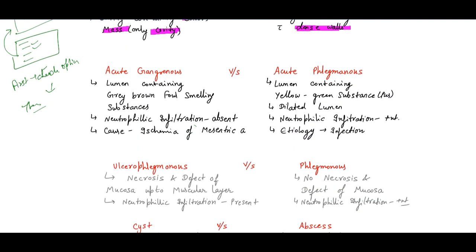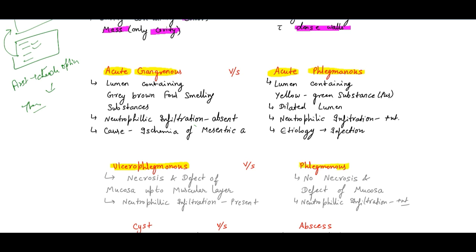Then there is acute gangrenous versus acute phlegmonous. If you are confused between acute gangrenous and acute phlegmonous, both can be in the options. Also, ulcerophlegmonous can be in the options. So these three can be options, so let's differentiate them.